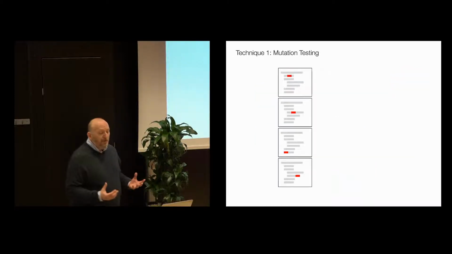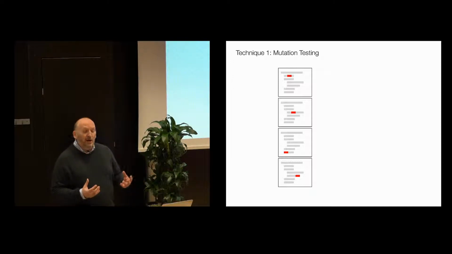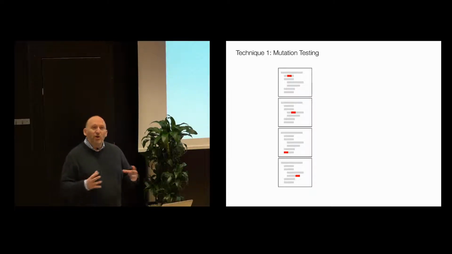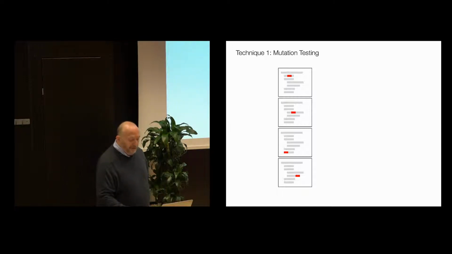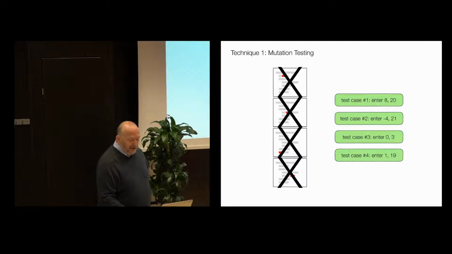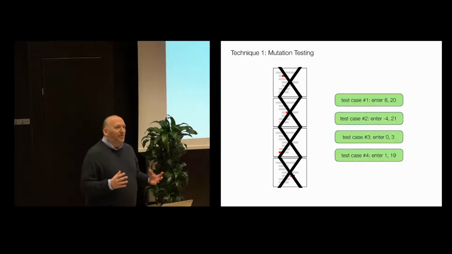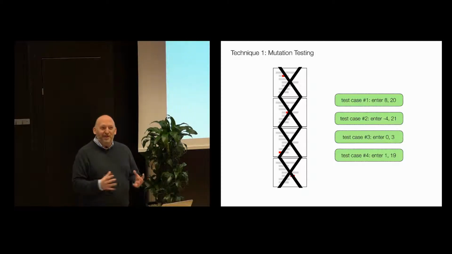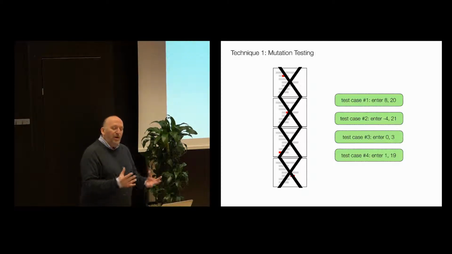So the process you would go through for mutation testing is you would take your original program, you would make a number of these mutants, so these really small simple changes to introduce simple faults. And then you just create test data which kills each of the mutants. Now I'm going to skip over the fact that finding test data is non-trivial, and there's some other research which can help find that test data.